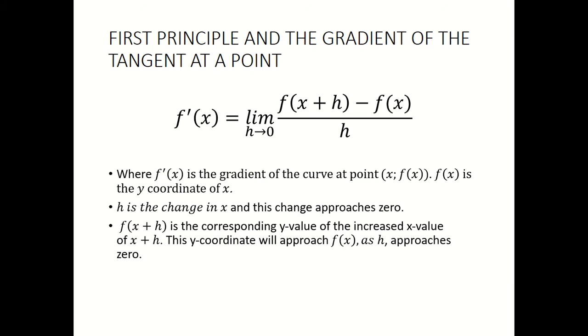I did explain that. f of x plus h is the corresponding y value of the increased x value. This y coordinate will approach f of x as h approaches 0. I'm just going to explain that just now.